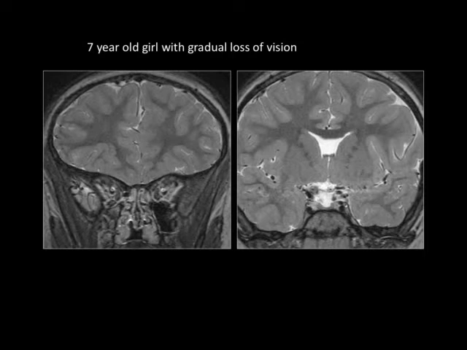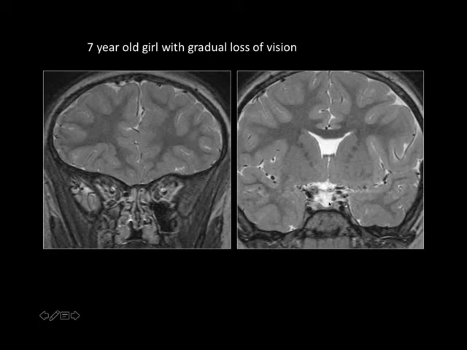In the second image, there is absence of septum pellucidum. And what else? Atrophy of the left optic nerve. Show me, I cannot see here. This is at the level of the chiasm.